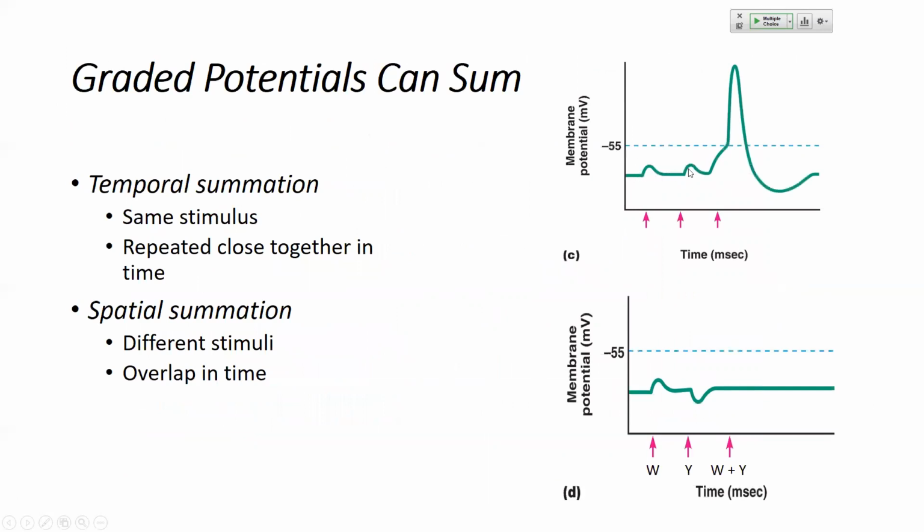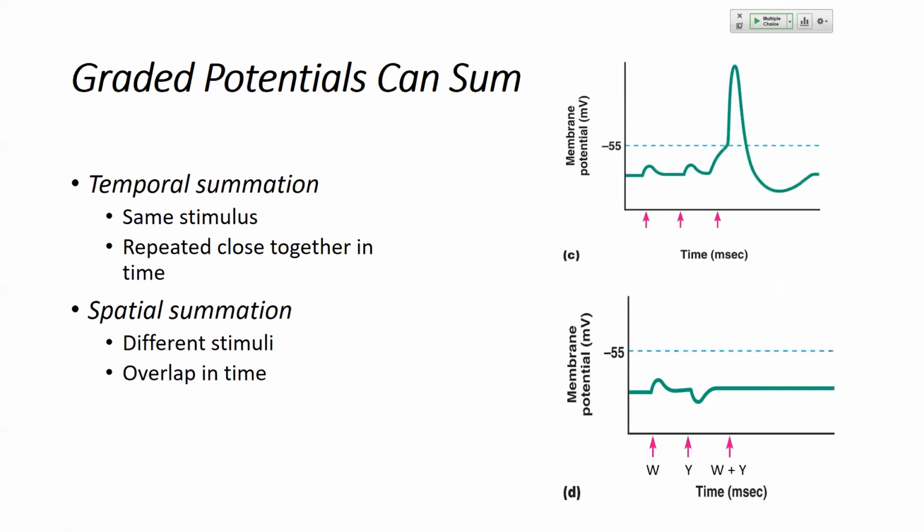These two will add onto each other, or summate, and then we would have enough amplitude to generate an action potential, because when you add this little blip with this little blip, you get to -55. So summation is basically how these small graded potentials can generate enough strength to get to threshold, and you can still have an action potential.